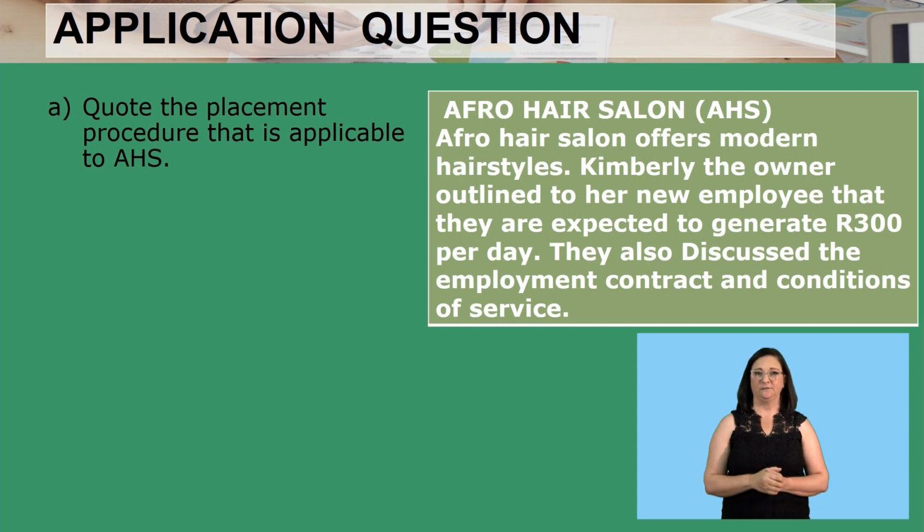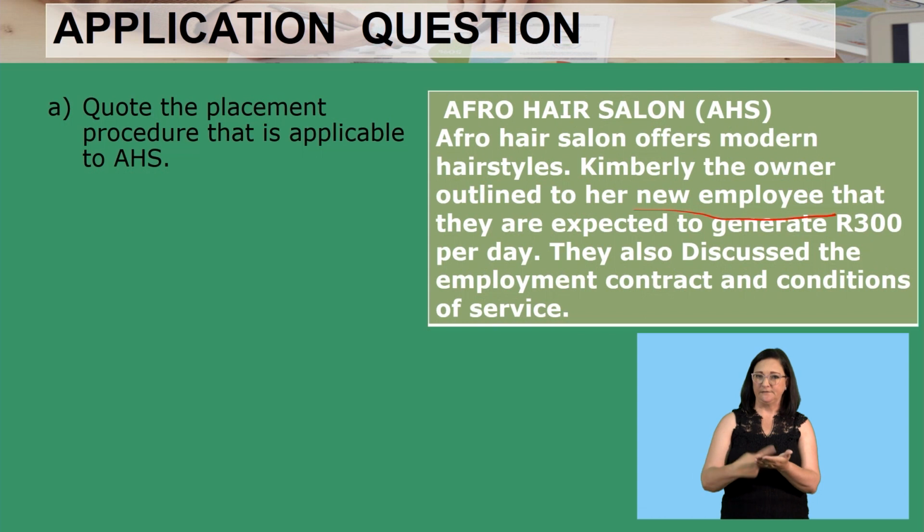All right, so the question said quote the placement procedure that is applicable to AHS. Let's go through the scenario once more so that we can quote correctly. Afro Hair Salon offers modern hairstyles. Kimberly, the owner, outlined to her new employee that they are expected to generate 300 rand per day. So Kimberly is telling the new employees what is expected of them. They also discussed the employment contract and the conditions of service.